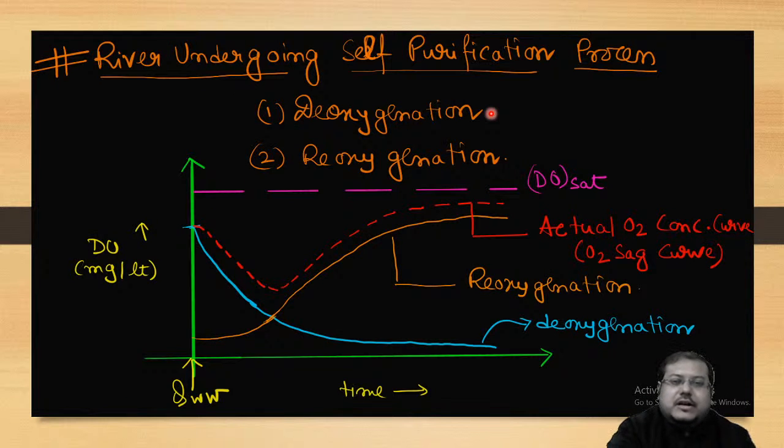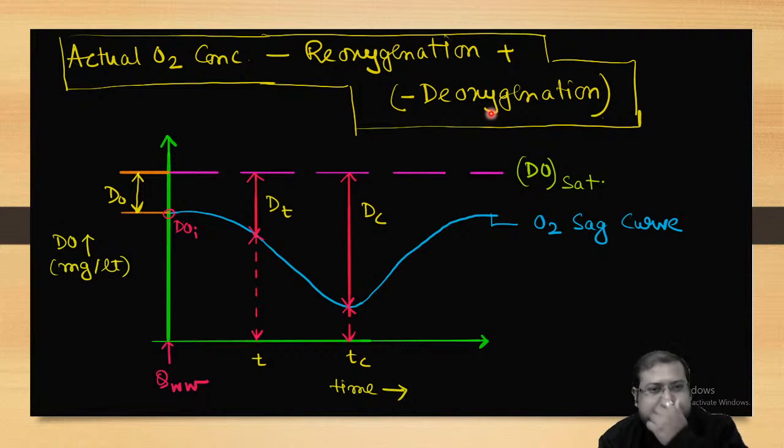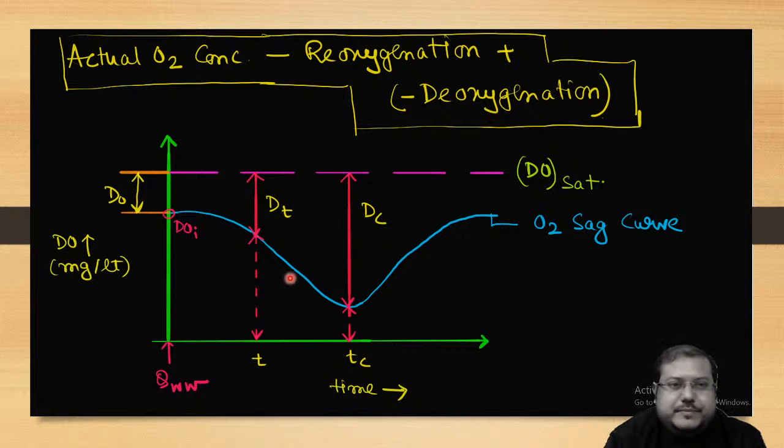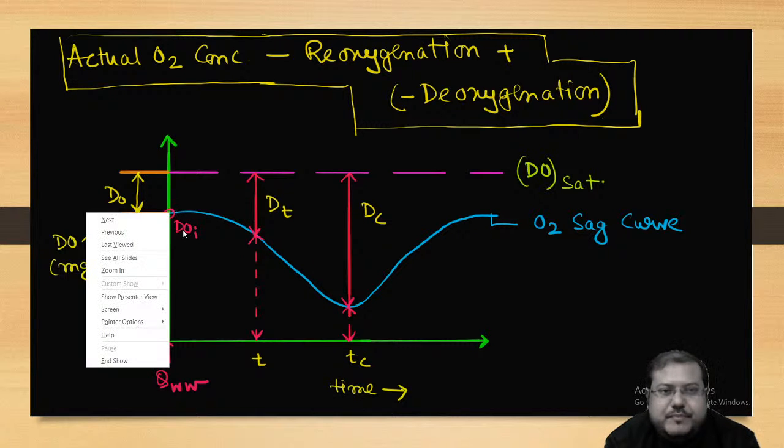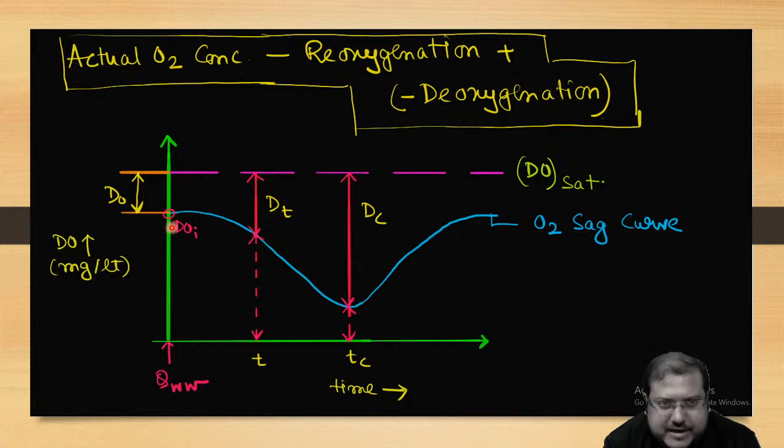Now if we draw the curve once again to explain it, try to understand this explanation of this curve. So this is your saturation line, and from this is the oxygen sag curve, this is the blue curve. So this is at time t equals 0, at the starting point when the water is getting discharged, that is called DO initial.